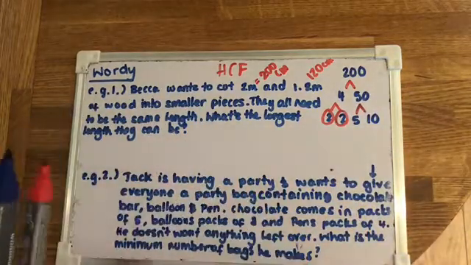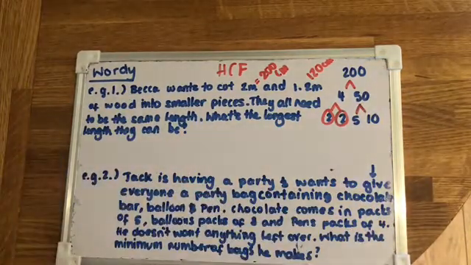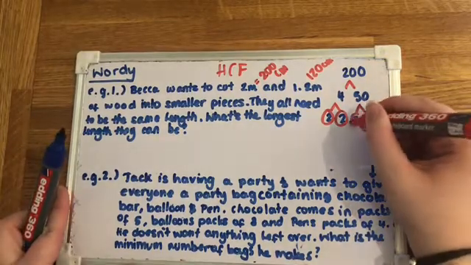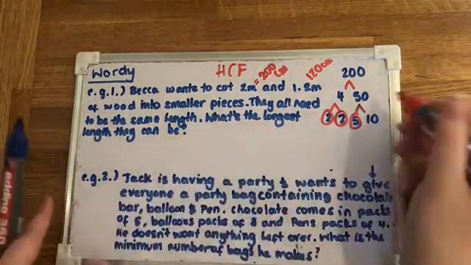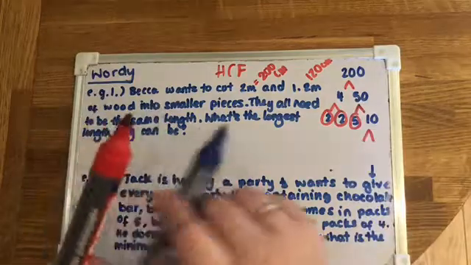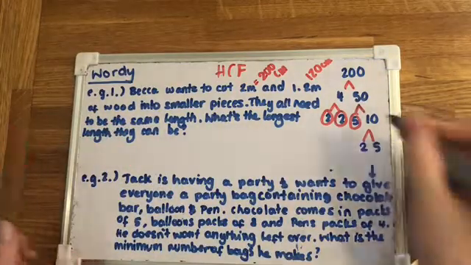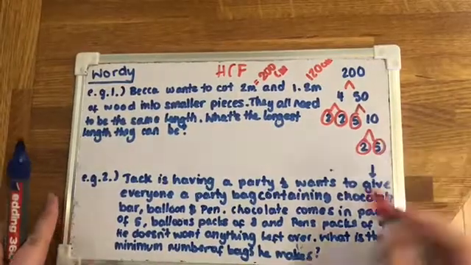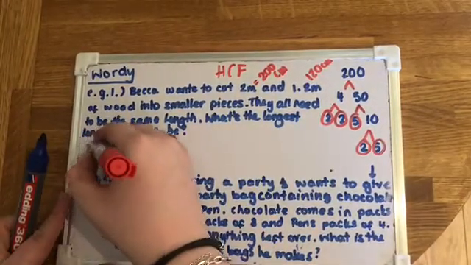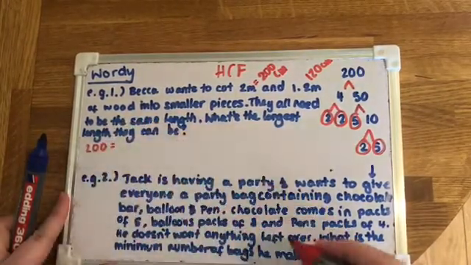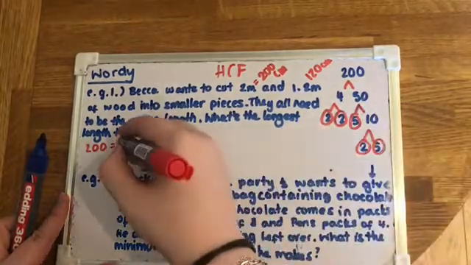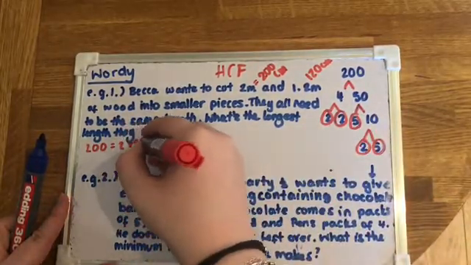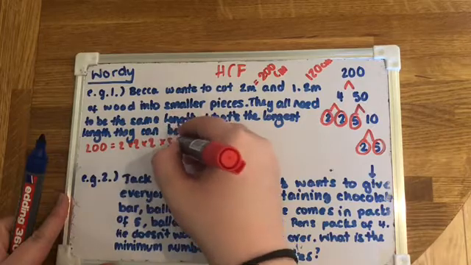Again, as I said before, you can do 2 and 25, you'll still get the same answer. 5 is prime, 10 is 2 and 5, which are both prime. So I'm just going to write it over here to keep it neat. So 200 is 2 times 2 times 2 times 5 times 5.